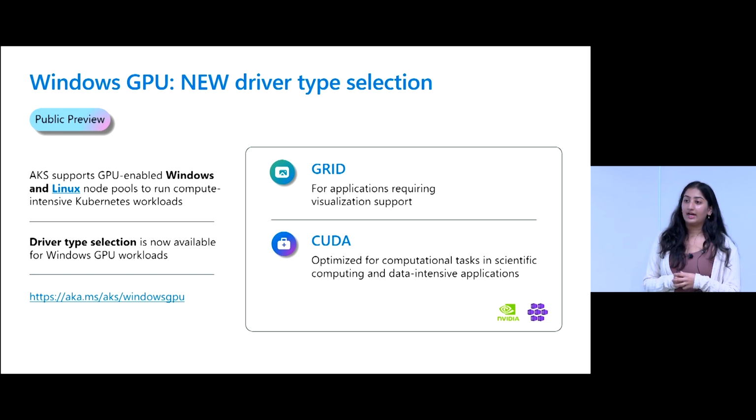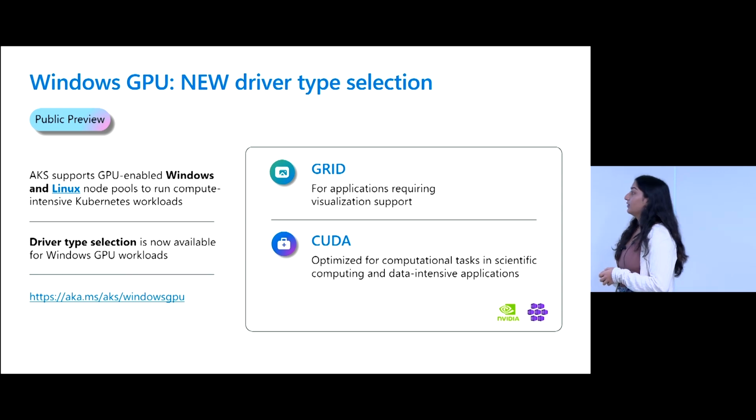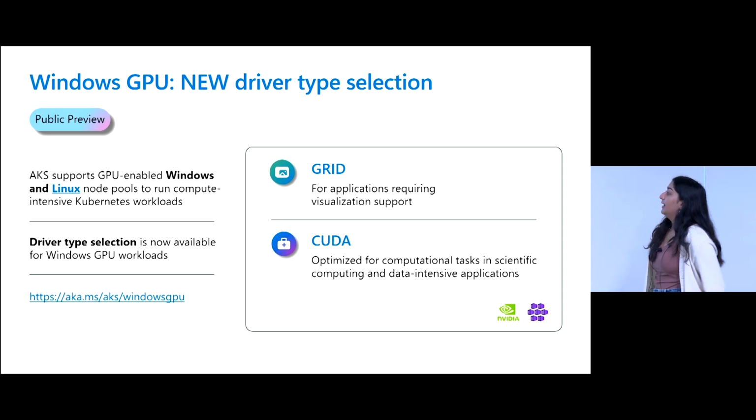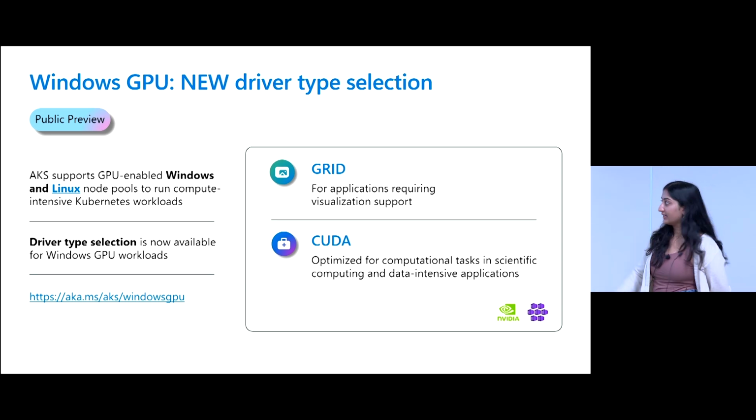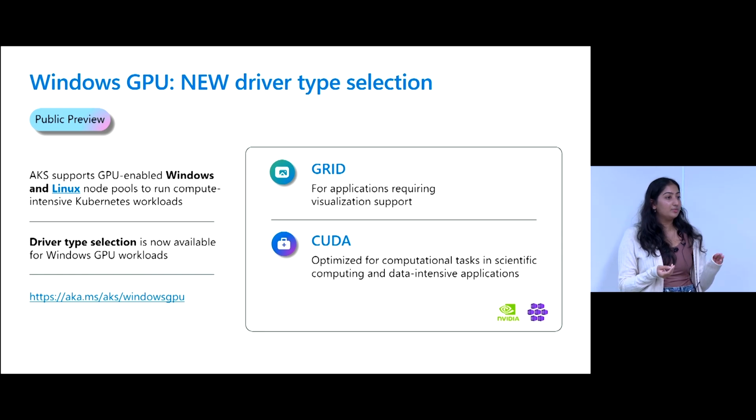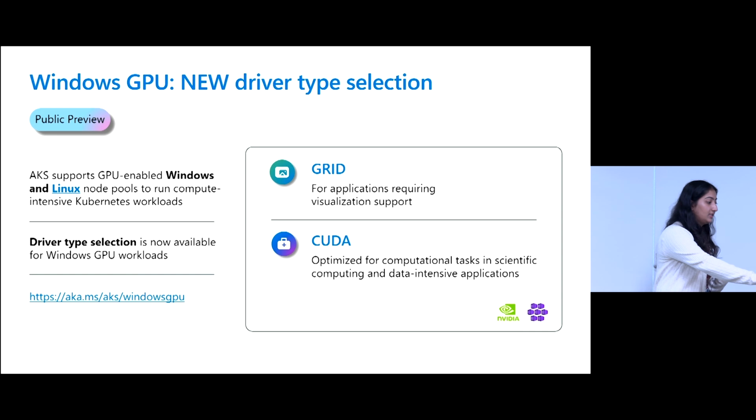NVIDIA has two different drivers for their GPUs, Grid and CUDA, that are leveraged for different types of workloads. And you have the choice in choosing between these different driver types. So you can visit this link just to try that out in public preview. And driver type selection is specifically supported for Windows GPU and not for Linux GPU-enabled node pools.